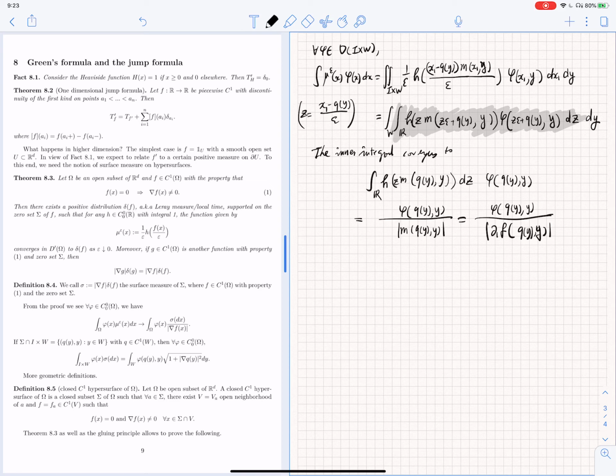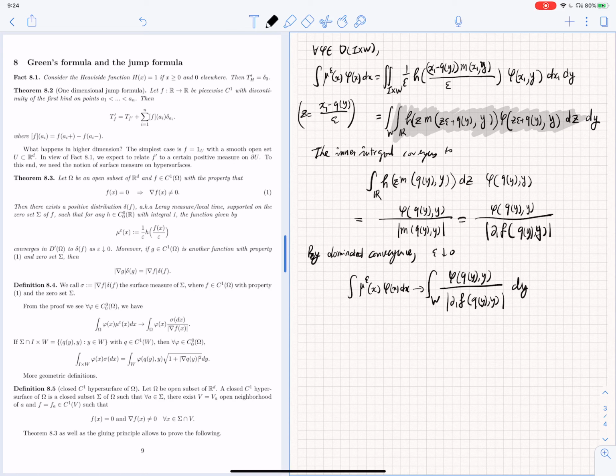So by dominated convergence, we can show that as epsilon goes to 0, mu epsilon, x of phi of x dx actually converges to an integral on dw of phi of q of y divided by partial 1, so d1f, q of y, dy. Very good.